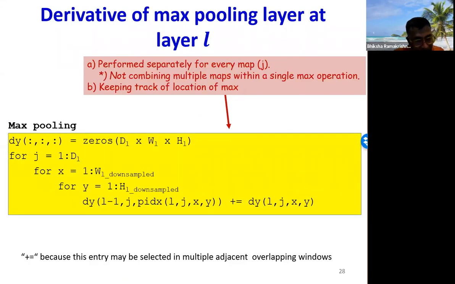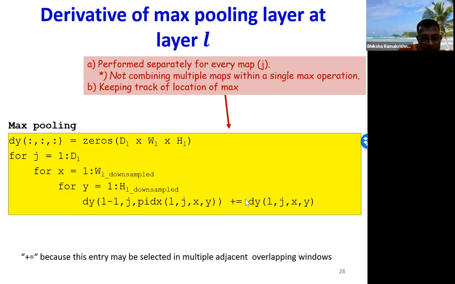You're going to go backwards, but it doesn't really matter. You're going to say that the derivative at the maximum location is incremented by the derivative of the output. Now you'll observe that there's a plus equal to over here, and that the derivatives have been initialized to 0.